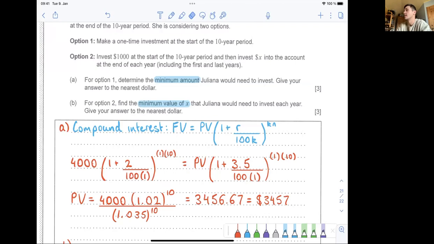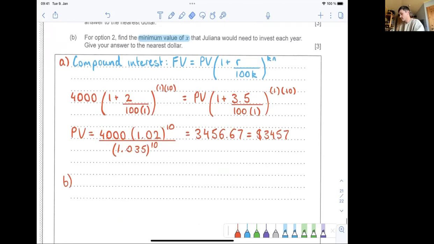Cool, very nice. And so using our finance solver, actually what I might do is take a screenshot here for us. Let's plug it in.